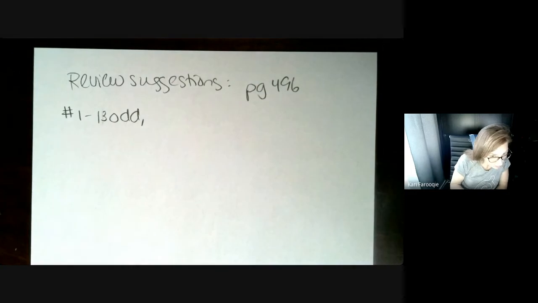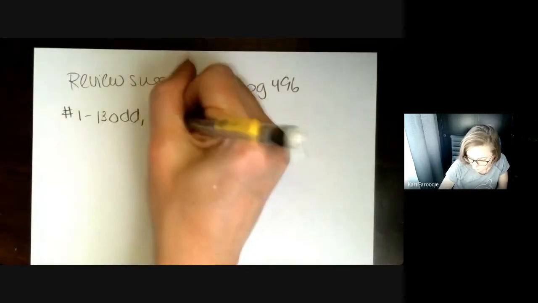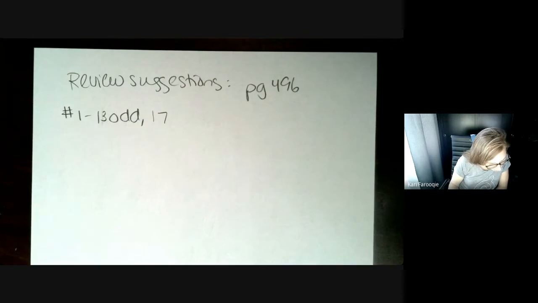And then for arc length, 17 would be a great one to do. You probably saw some like that in your arc length section. Find the volume of the solid generated by revolving the region bounded by the graph and the first quadrant about the x-axis.